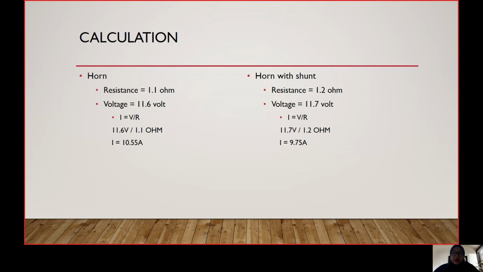And for the horn with shunt, when the resistance is 1.2 ohm and the voltage is 11.7 volt, by using the same formula, we get the current equal to 9.75 ampere.